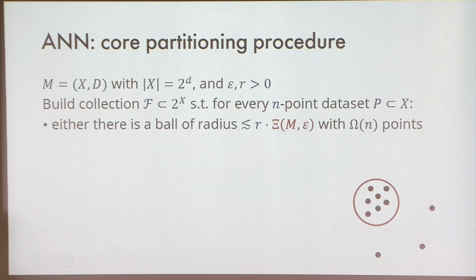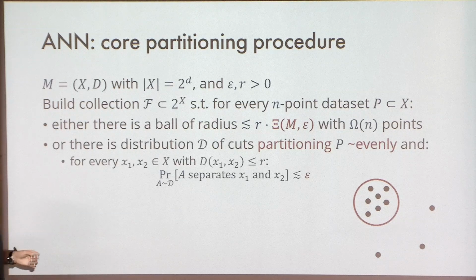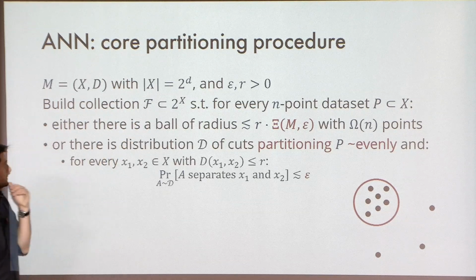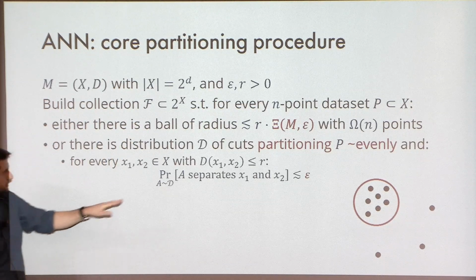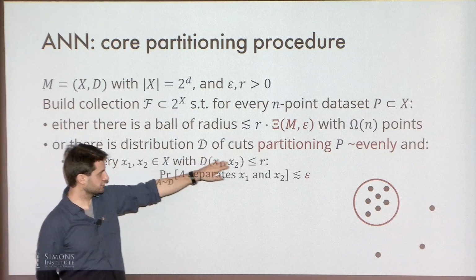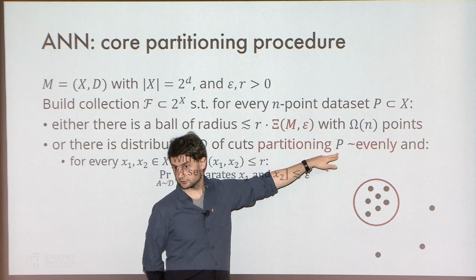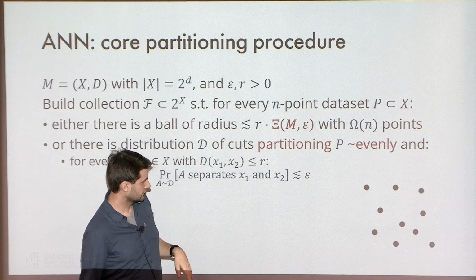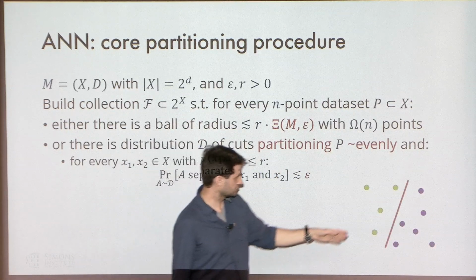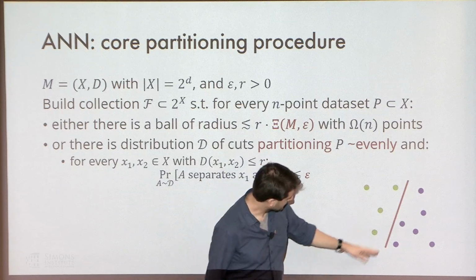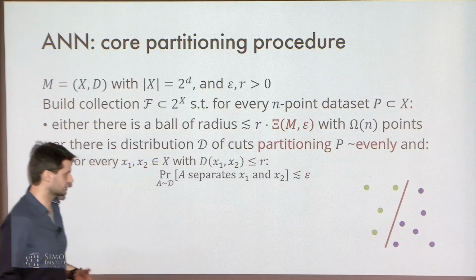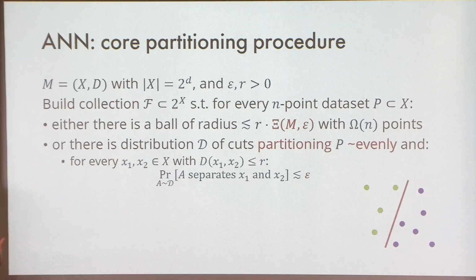Or if this doesn't hold, there exists a distribution D of cuts from this collection that partition the point set roughly evenly. So something like this, which partitions into, let's say, purple and green subsets, each of which is of size omega n, such that the following holds.